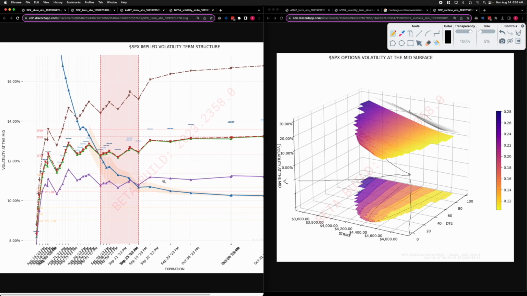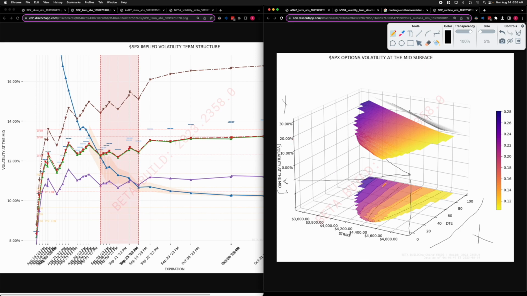In this particular case, imagine if you could rotate this cube. Now we've suddenly made DTE our x-axis, and we're maintaining volatility at the mid as our y-axis, for term structure, x, y.